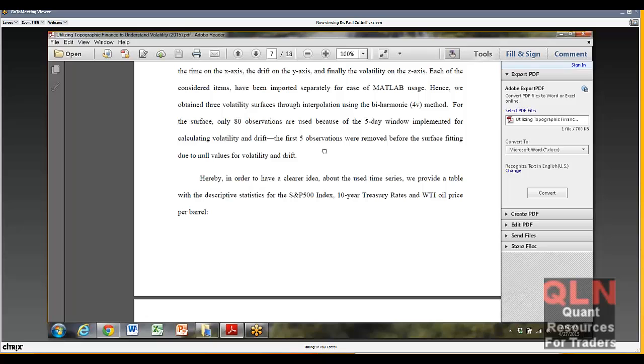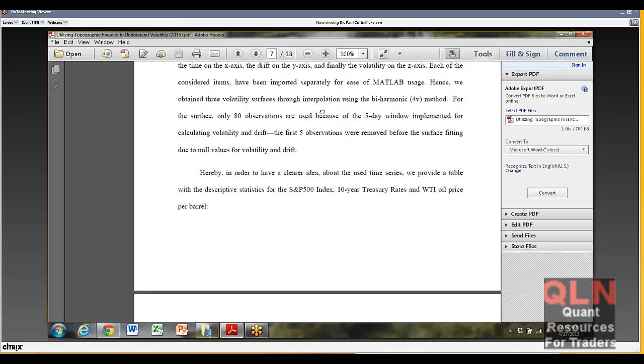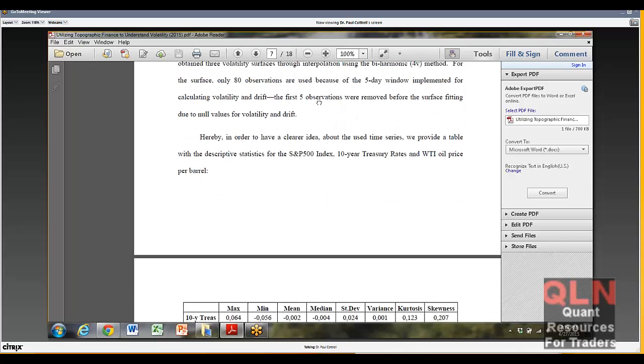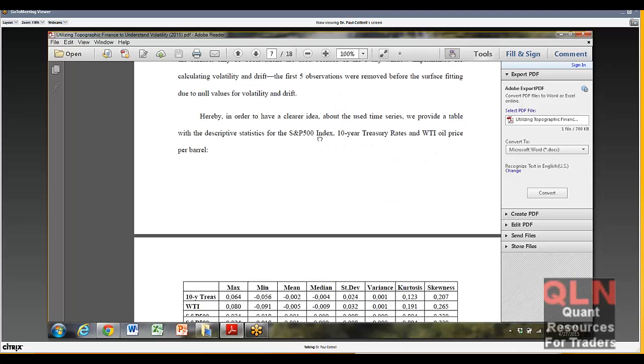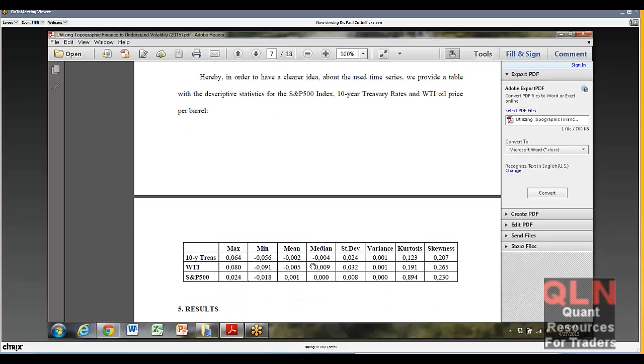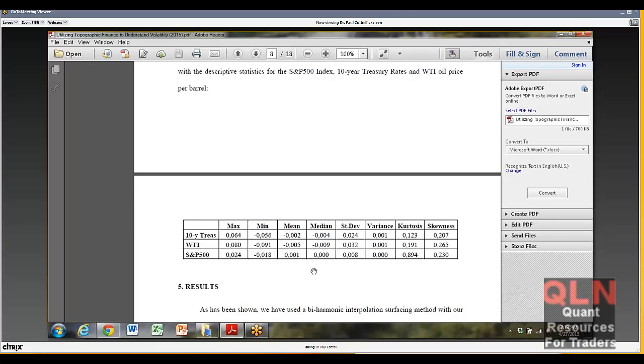And you have a volatility surface for each of the different markets. This chart here is the actual data before it's surfaced, to describe the actual data set.